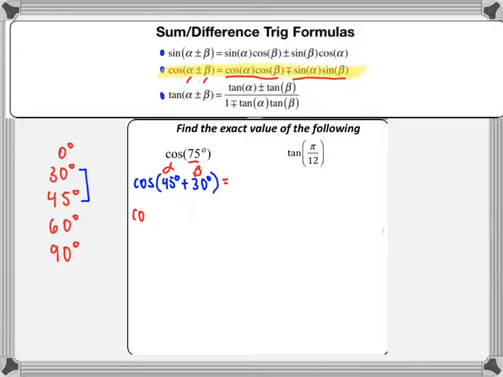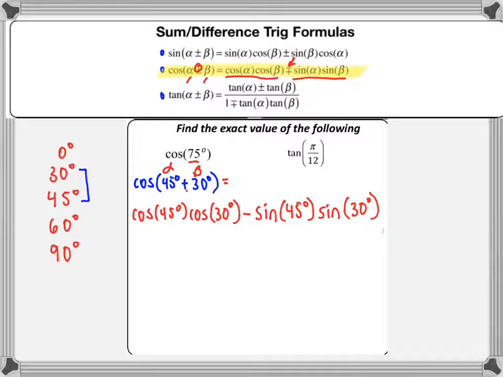It says the cosine of alpha, which is 45 degrees, times the cosine of beta, which is 30 degrees. Now this is a plus sign, and notice that this plus sign means we have an inverse or opposite relation here, so it's going to go to a minus. So I have minus sine of alpha, which is 45 degrees, and sine of beta, which is 30 degrees.